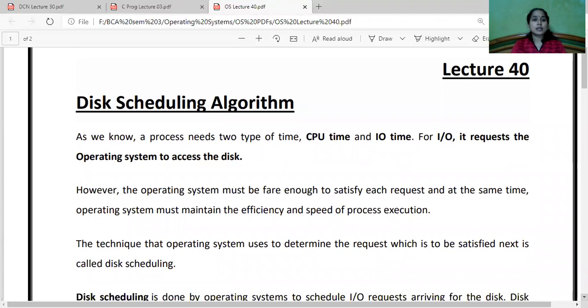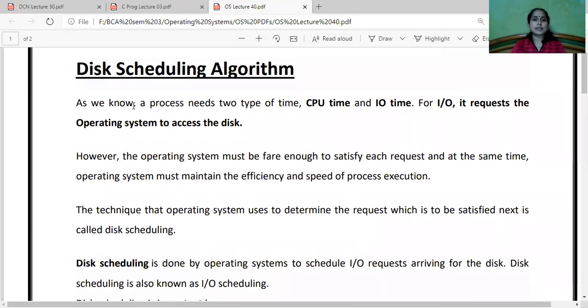Okay. Now, as we know, a process needs two types of time. That is CPU time, that is the execution time of a process. And while executing, a process often requires some kind of input or generates, as a result of processing, some kind of output.